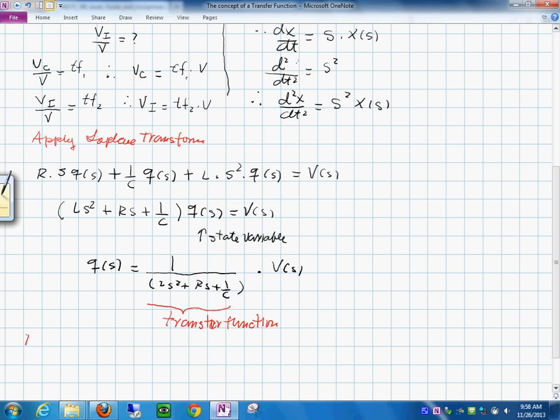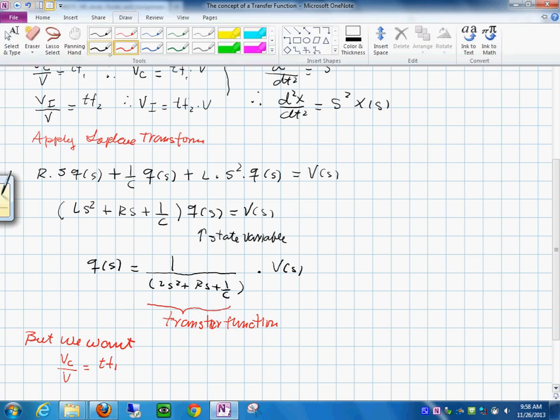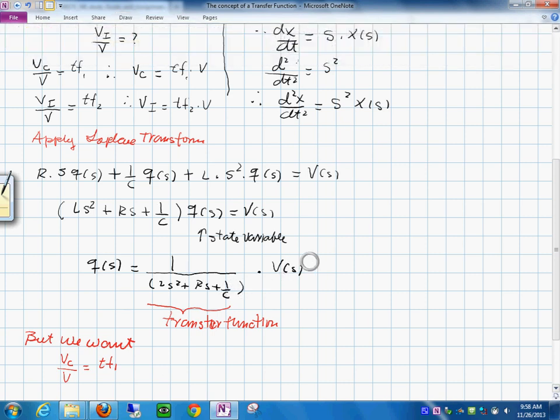We want the voltage across C divided by V to be equal to transfer function 1. This is what we don't have. This is what we would like. Now remember what the voltage across C is.